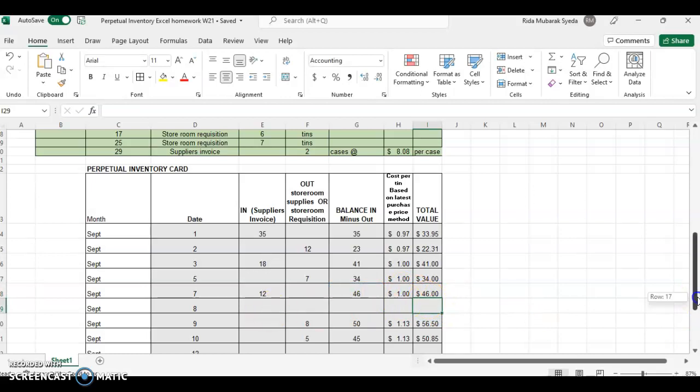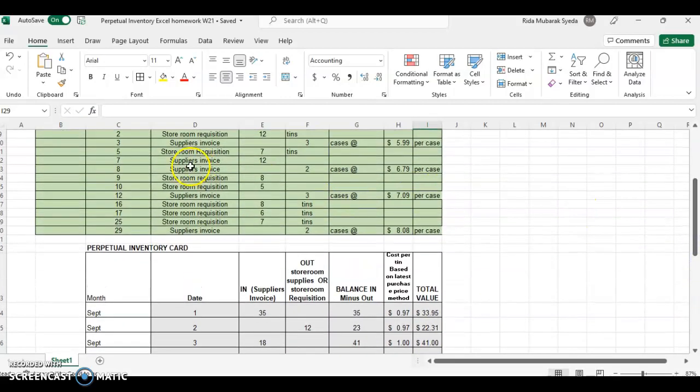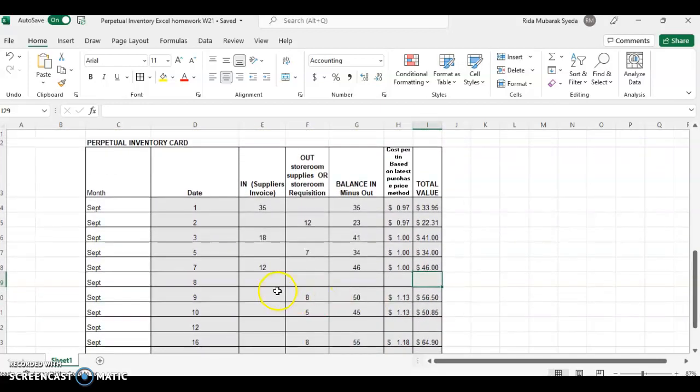Alright, for September 8th, we had an invoice of 2 cases. As we said, in one case there are 6 tins, so it's 2 times 6, we have a value of 12. We would do the cell reference again, equal to 12 plus 46, and we get 58 as our new balance in.